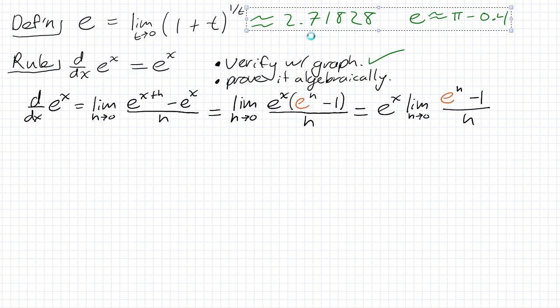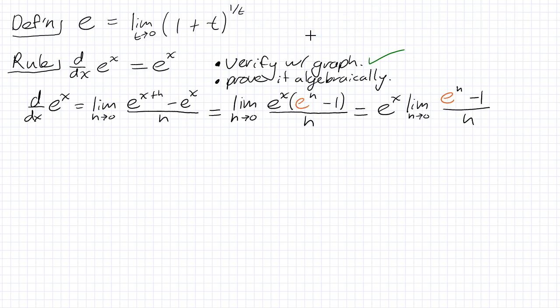So I'm just going to write this as the limit as h approaches 0 of 1 plus h to the power 1 over h. But anyways, it doesn't matter whether you call it t or h here.